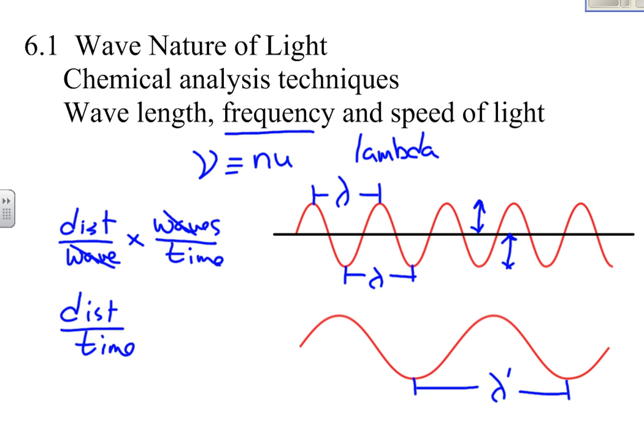And distance over time is a speed or velocity unit. So the important relationship here is the velocity of a wave is equal to the wavelength times the frequency. And so we're going to want to keep tabs on that relationship there.